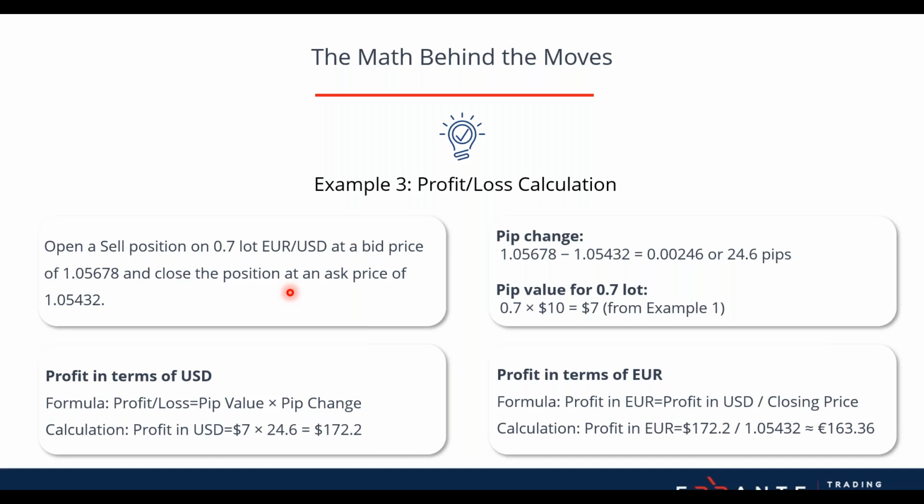Your profit in USD would be $172.2, and in euro, it would be about 163.36 euro. Knowing your pip values and how to calculate them is crucial for this sort of practical application.